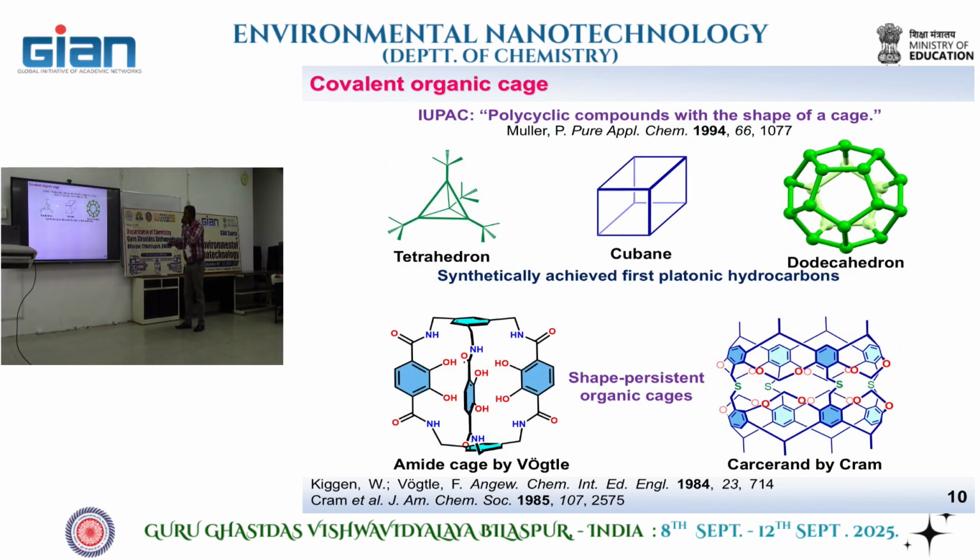Next, as I told you, I will show some organic examples also, where these expensive metal vertices are not used. There are some organic molecules people have tried to synthesize. Physically it is possible, like the cube and dodecahedron. This has been synthesized, but here the difficulty again was the C-C bond, and it is very difficult to synthesize in 100% yield.